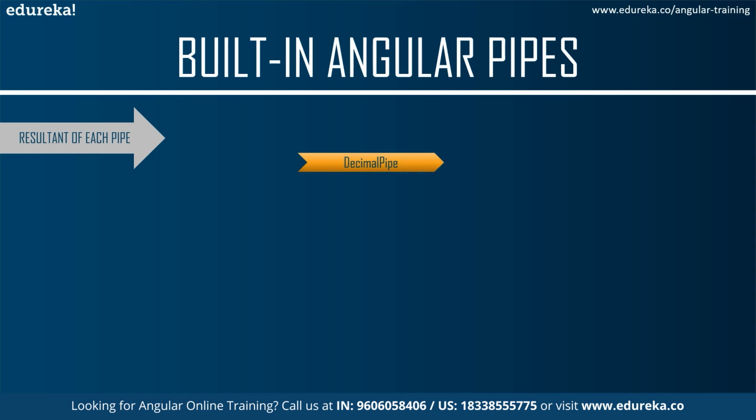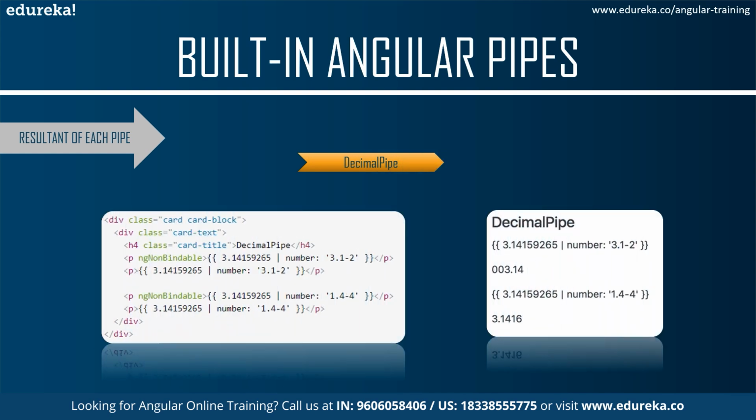Next, we have the decimal pipe. The dash here represents the decimal integers after your pointers, as to how many decimal units should be present after your pointers. In our first example, if we say 3.1-2, which means I want 2 integers after my decimal, while -4 represents 4 integers after my decimal.